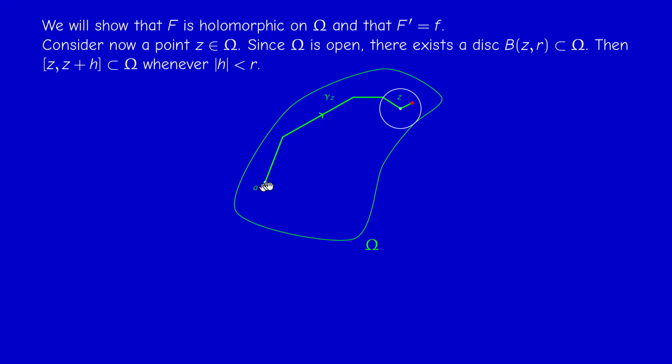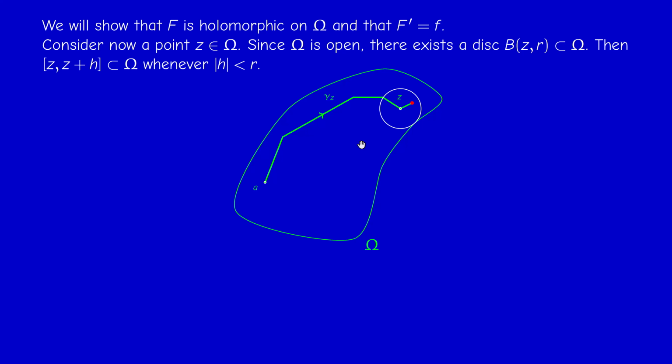Here's the situation: I have a fixed point A and another fixed point Z, and I choose a polygonal path gamma Z joining A to Z. It exists because omega is open and connected, and therefore it's path connected. This is why I assumed that omega is connected in the beginning. Otherwise, the whole discussion is empty.